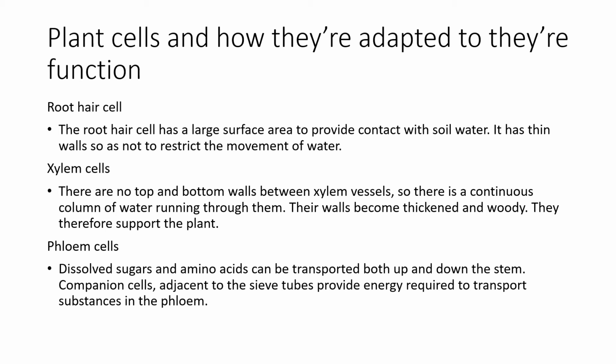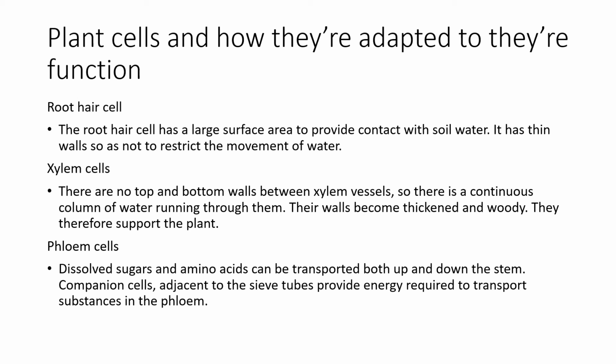The sugar is used immediately in respiration to release energy for the plant, or is stored as starch in the cell, or in structures such as roots of vegetables. So unlike xylem, these are living cells. And they have specialized end walls called sieve plates, that have small holes in them.